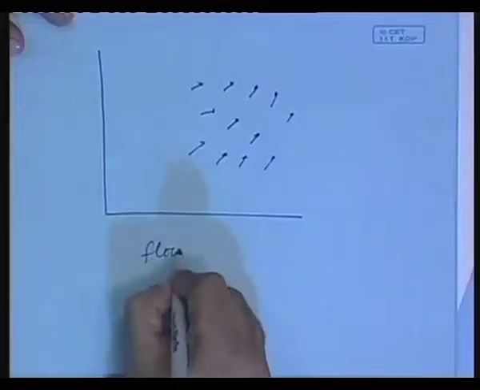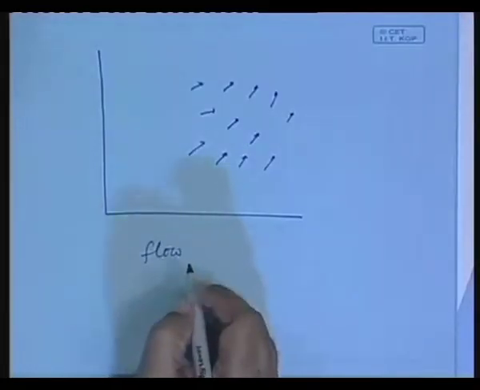In literature you will find this word flow. You will see sentences like, let us define a flow. What is a flow? It is nothing but a set of differential equations. It defines a flow.